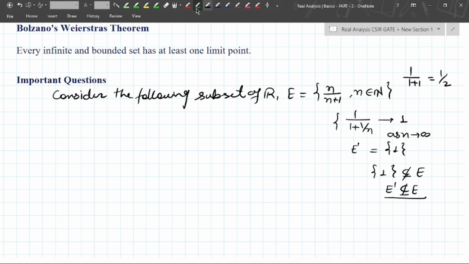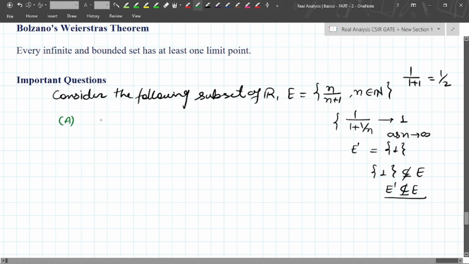Whenever you have four options here, the first option is given like this. There is one more set given in the question, F, that is 1 upon 1 minus n, where n is between 0 and 1, not including 1.